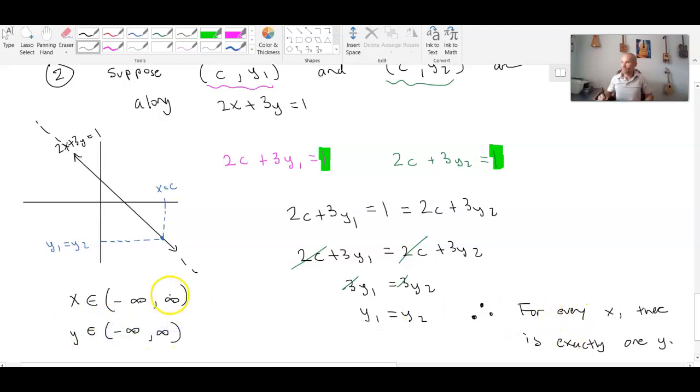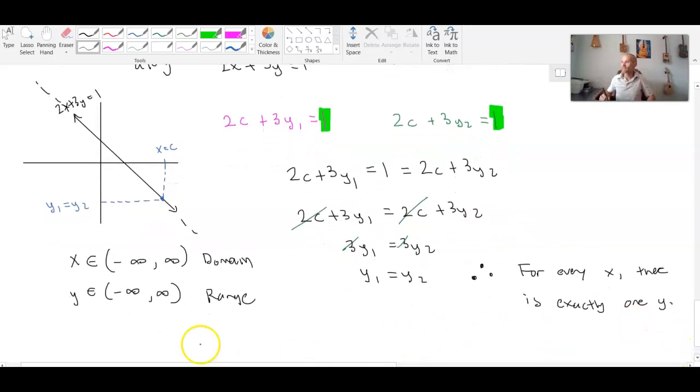And what we're saying here is that for any x that you pick in this domain, you're going to be able to generate y within this range right here. Domain and range. And so basically what we just established is to say, therefore, 2x plus 3y equals 1 is a function.